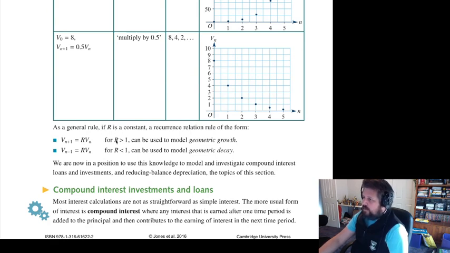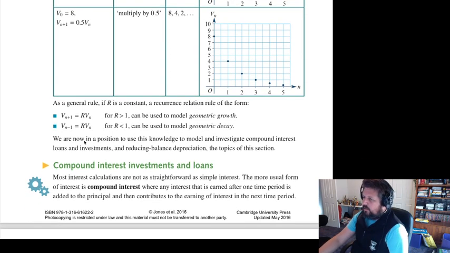It can be greater than 1, and the value for r can be less than 1 to show geometric decay, so it's going down. Good. We're now in a position to use this knowledge to model and investigate compound interest loans, investments, and reducing balance depreciation. Cool. We've got the knowledge.